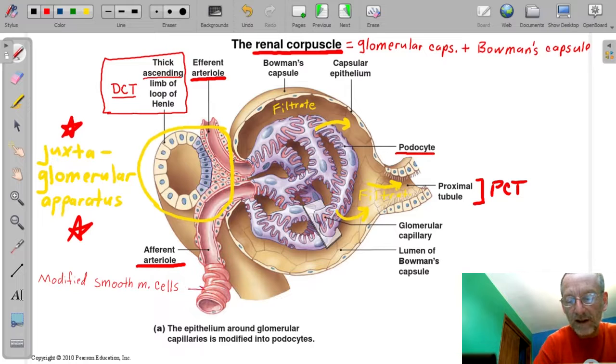It's these guys. They're wrapped around the afferent arteriole. And they allow for vasoconstriction, vasodilation, regulating the amount of blood that enters the glomerular capillaries. So they can control constriction and dilation.